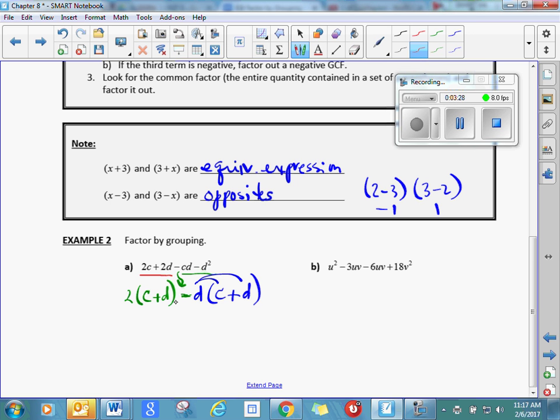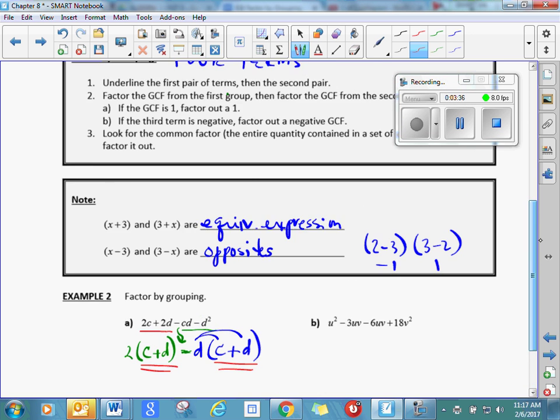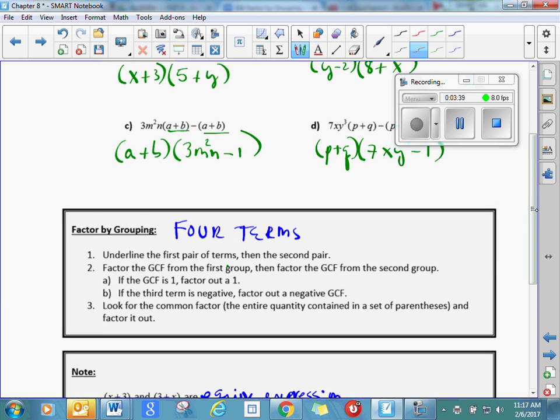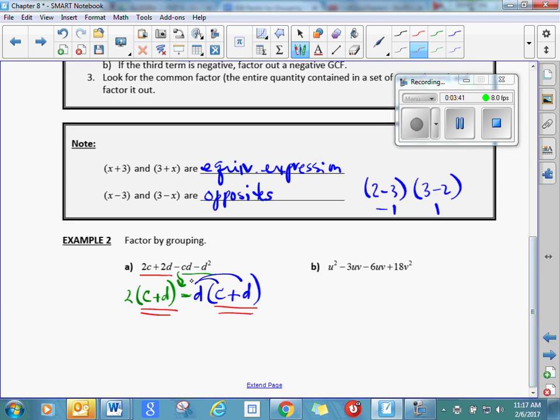Now, one more step. We have two terms here, and we have something in common. It's this binomial, which is exactly what we did in the examples back up at the top of the page. We factored out a binomial that they have in common. So C plus D comes to the outside, and what's left on the inside is 2 minus D. We've taken away the C plus D, we've divided it out of each term.